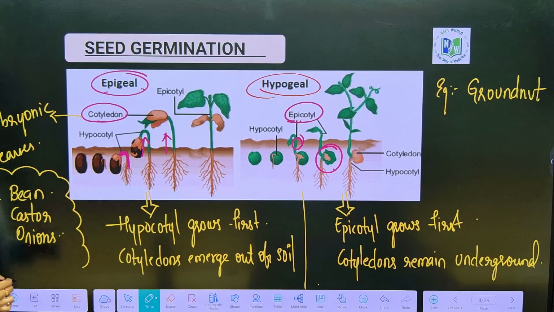These will be the examples for epigeal seed germination. Clear, right? Any doubts anywhere?